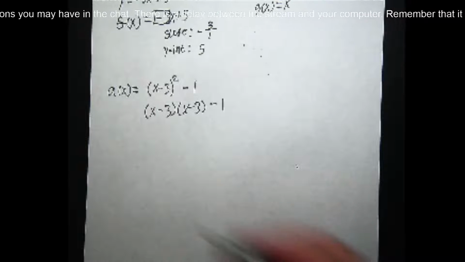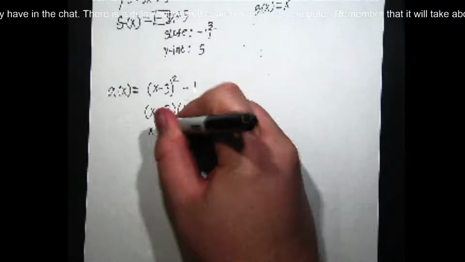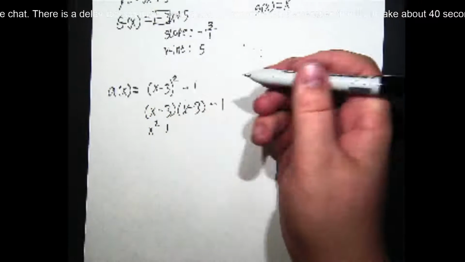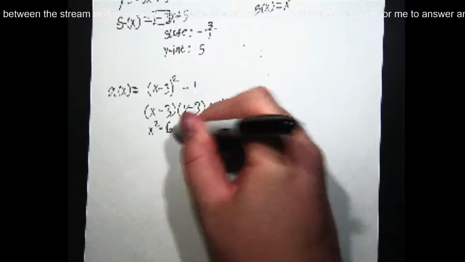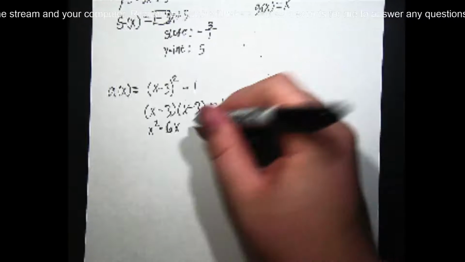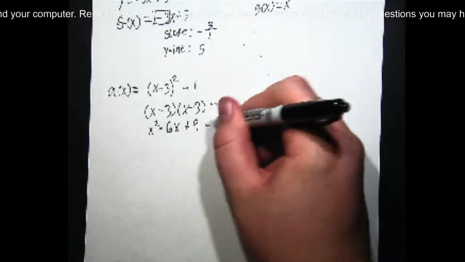And so we multiply this, we get x squared minus 6x plus 9 minus 1.